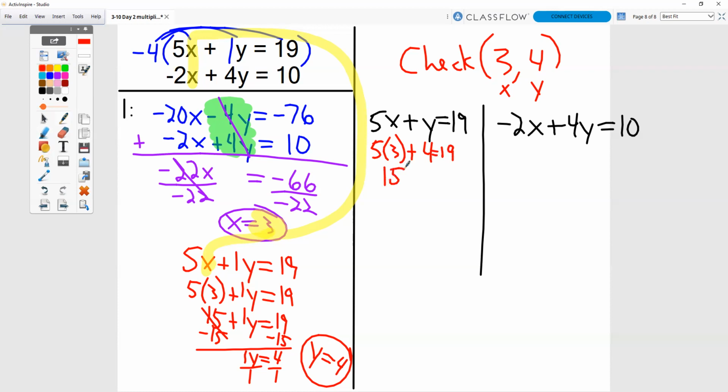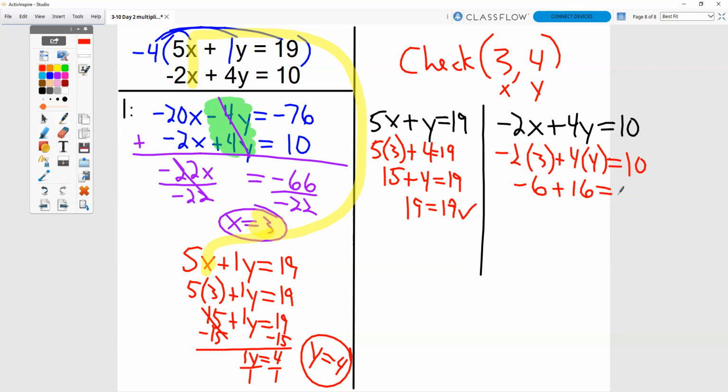So 5 times 3 is 15. Add together the 15 and 4 to be 19. So that one checks. Negative 2 times 3 plus 4 times 4. When you sub it in, I have negative 6 plus 16. That is 10. So 10 equals 10, and it checks.